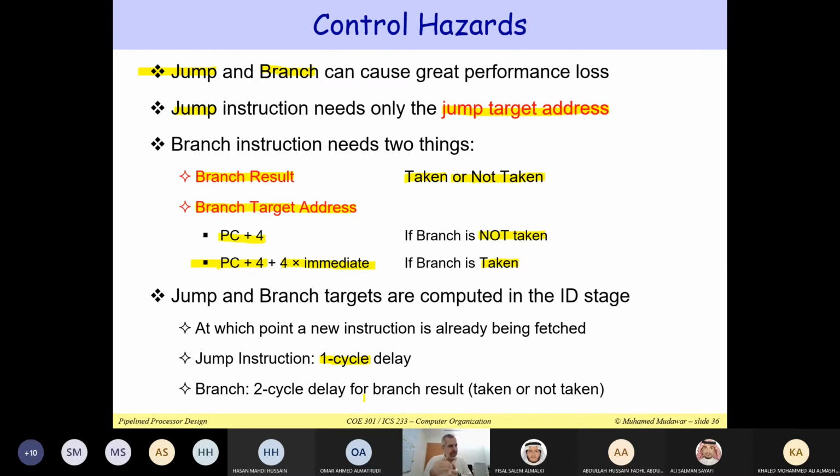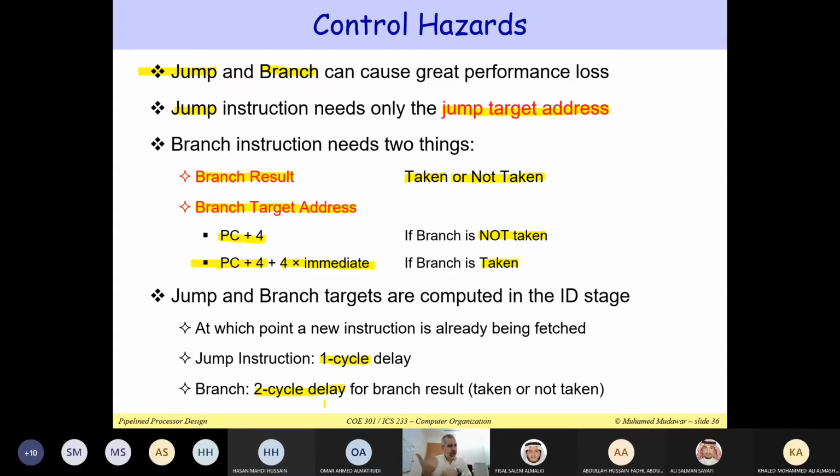In the case of a branch, it is even worse. It is a 2 cycle delay. Why is it a 2 cycle delay? After fetching it, we decode it in the second stage, but we also have to read from the register file, and then we have to execute.